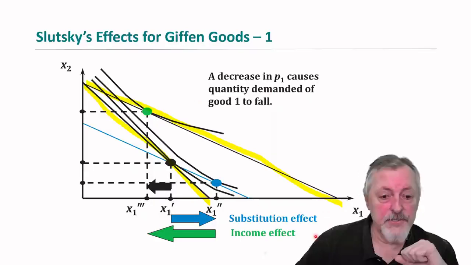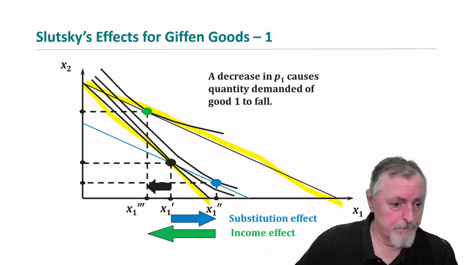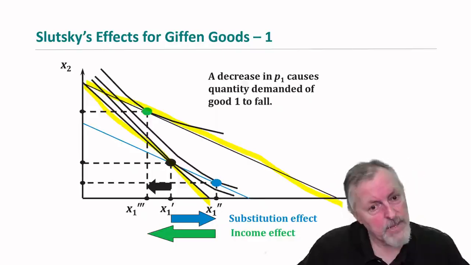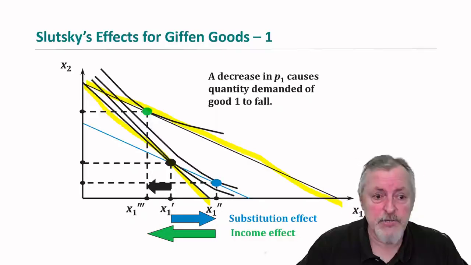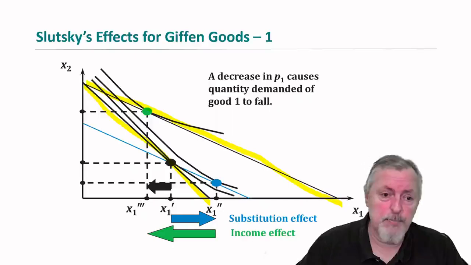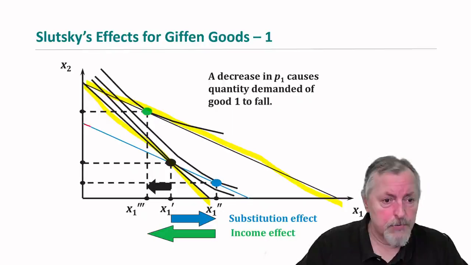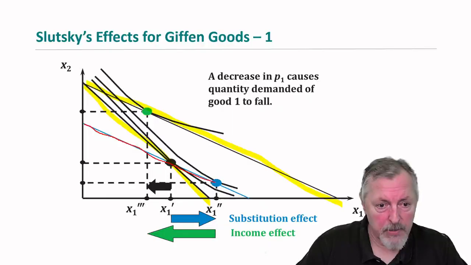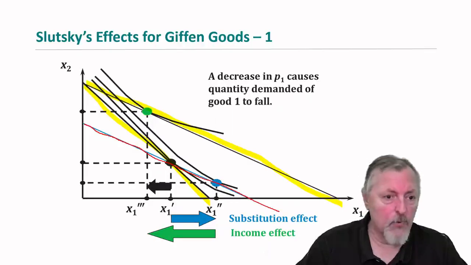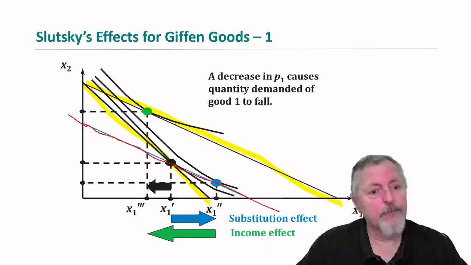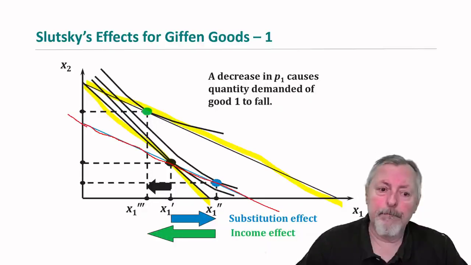Now, let's decompose that. You take the new budget line, keep its slope, but move it back to where the old consumption bundle is just affordable. Like that.